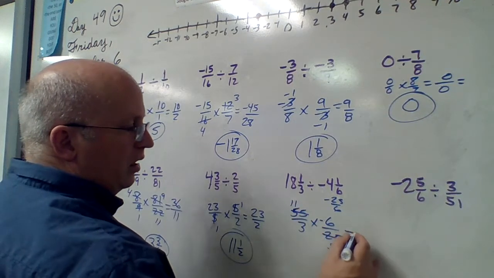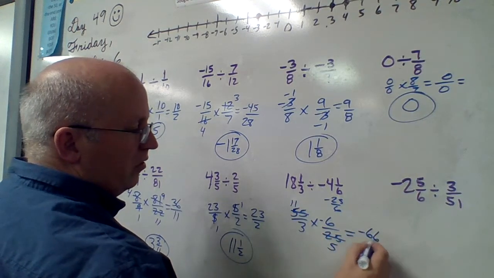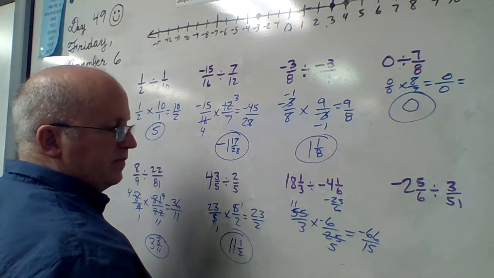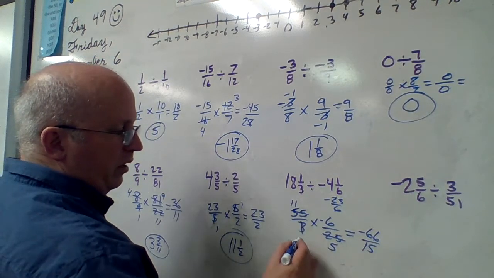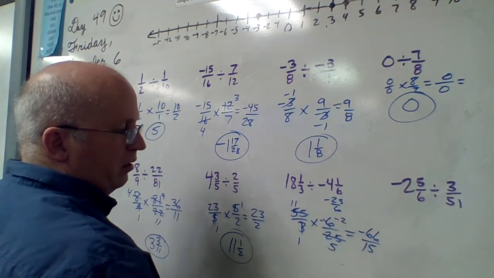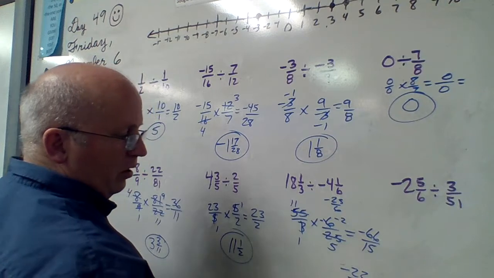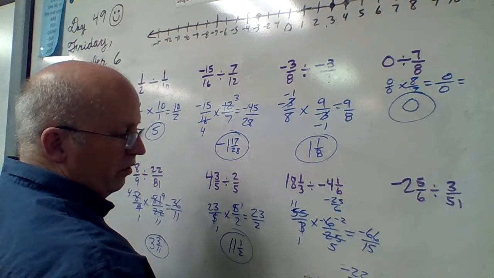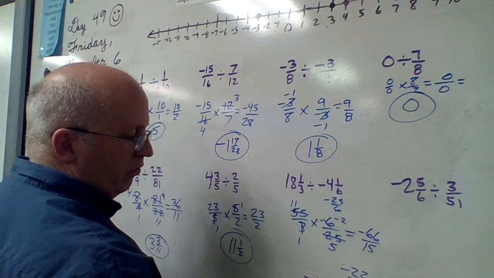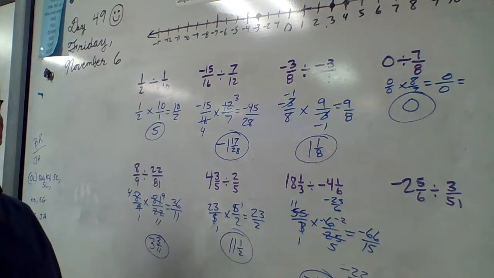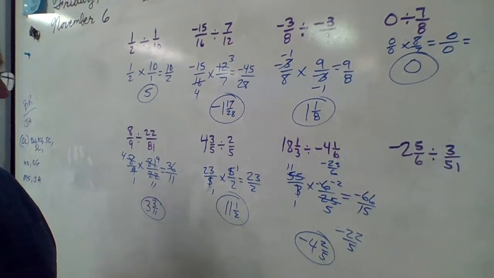And I get negative 66 over 15. I could have also divided by 3 and divided by 3. That would have made it negative 22 over 5, which is negative 4 2/5 when I do the long division on that. Whoops, it's off the screen a little bit.